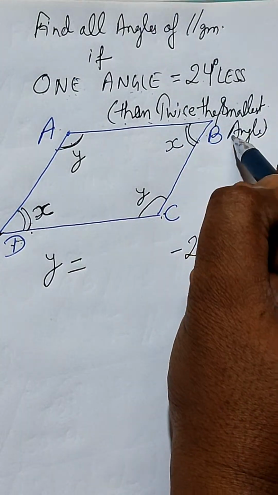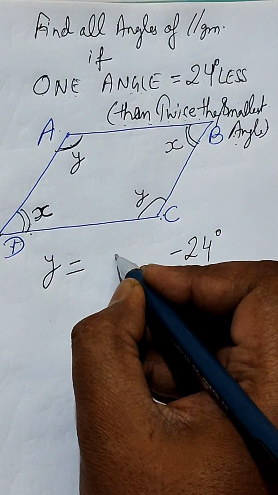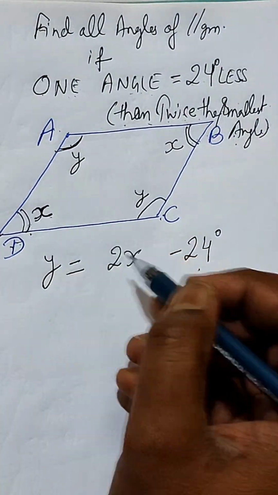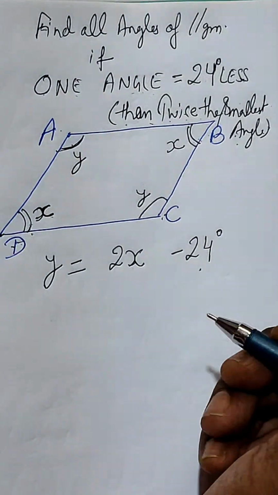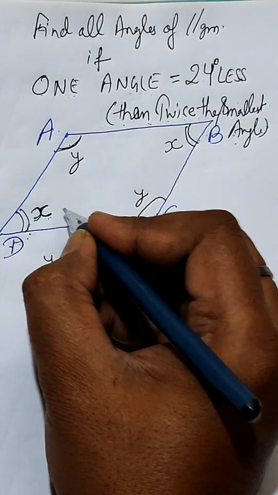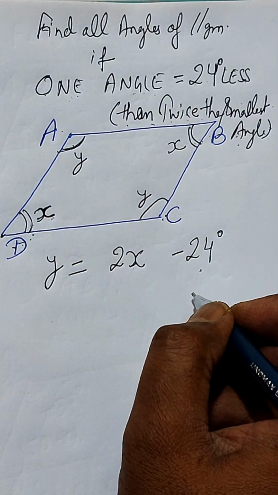Then twice the smallest angle. So the smallest angle is X. You can see it's an acute angle. So this relation is formed.